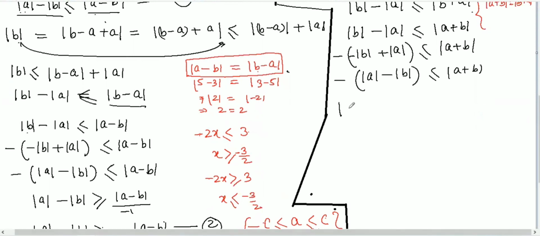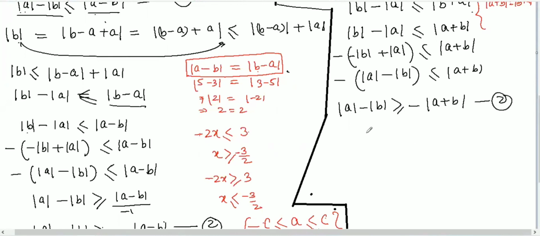So here it will be the absolute value of A minus the absolute value of B. So the sign minus, we are taking this side, so this sign will be changed. Less than or equal to becomes greater than or equal to. And here it will be minus the absolute value of A plus B. So this is your second equation.